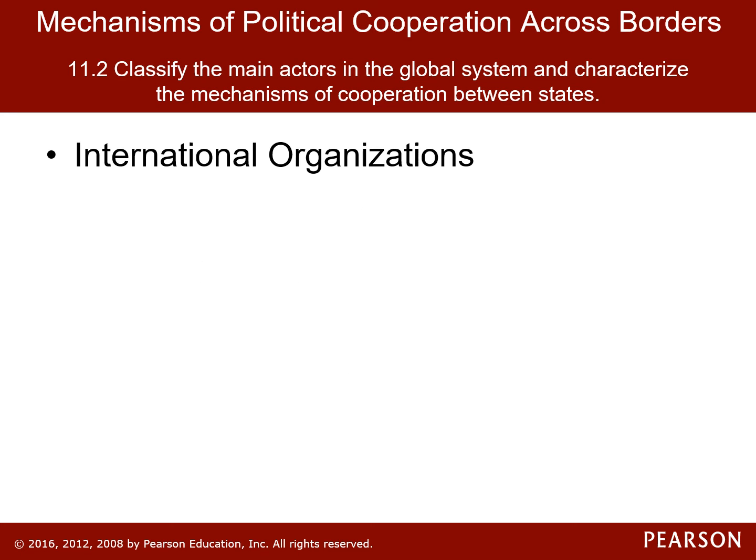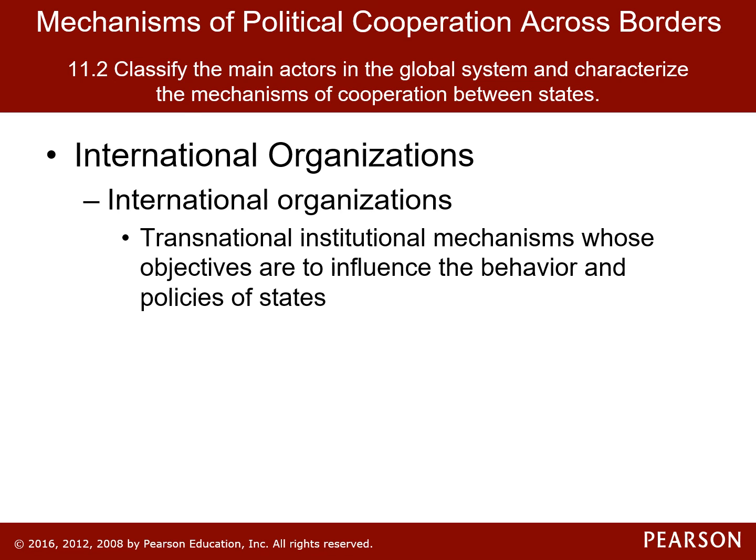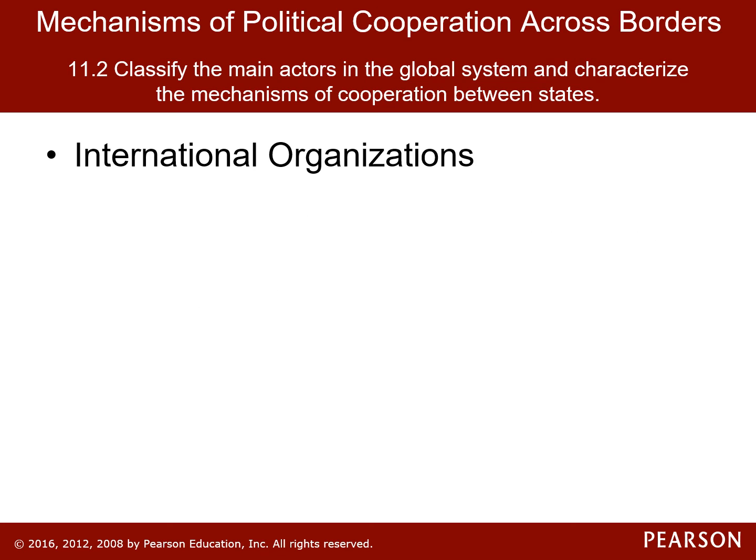And then finally, we're just going to nibble at international organizations. These are groups, both government and non-governmental, that do business or have dealings in different countries. Another name for these is transnational institutions.